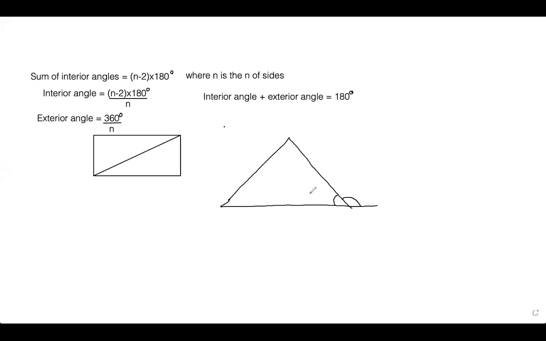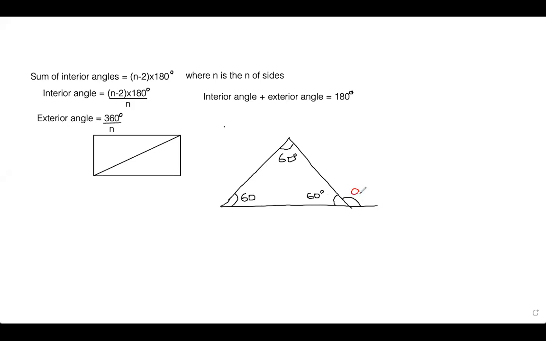Let's take an equilateral triangle, with 60 degrees. Maybe you put a letter on that exterior angle, any letter.